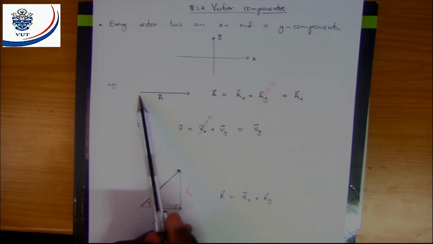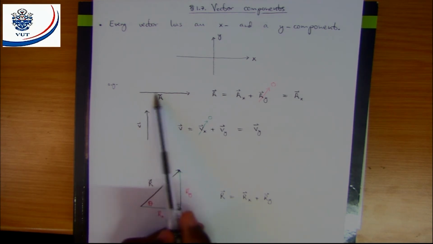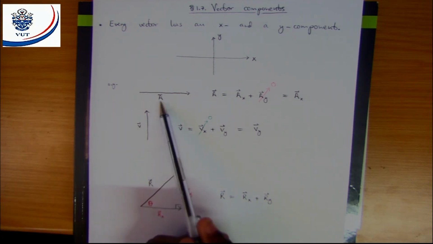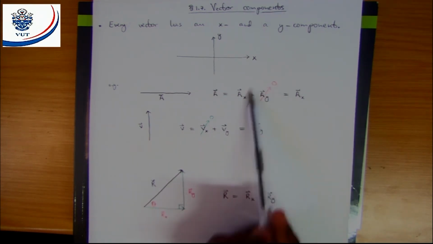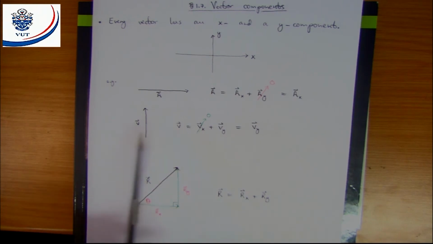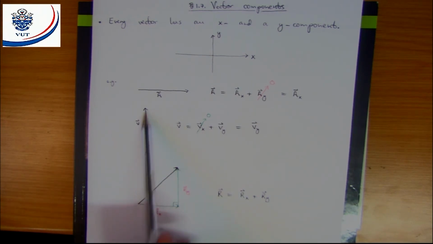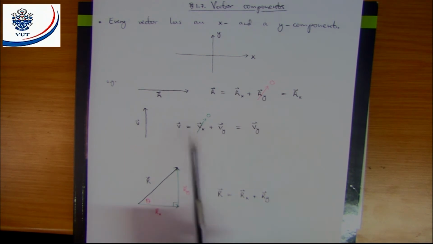And I drew an example of a horizontal vector a, and since it's horizontal it only has an x component because there's no y component. And then similarly I can draw another vector which only has a vertical direction, and the y component gives the whole contribution because there's no x contribution. And we said in general r is just the sum of the x contribution and the y contribution.